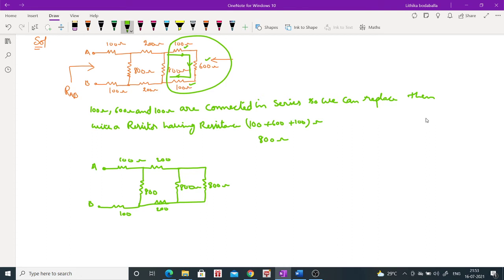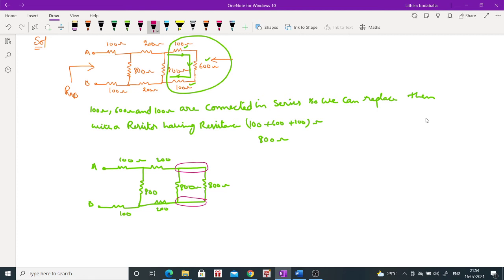Now if you observe closely, this 800 ohm and this 800 ohm are connected between a pair of nodes. If the elements are connected between a pair of nodes, those two are said to be in parallel.